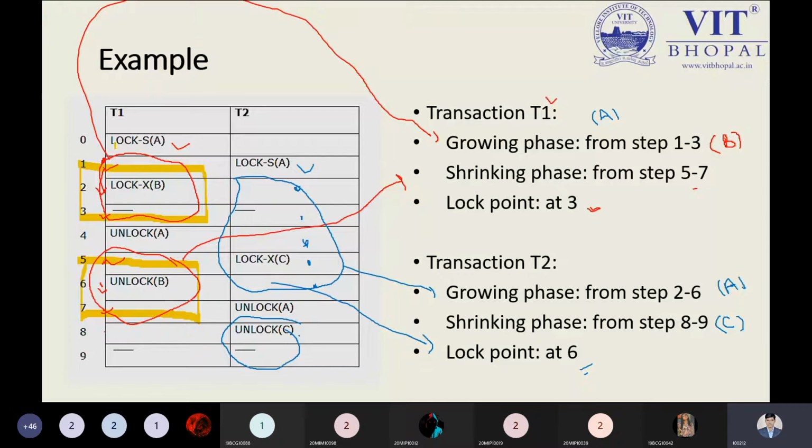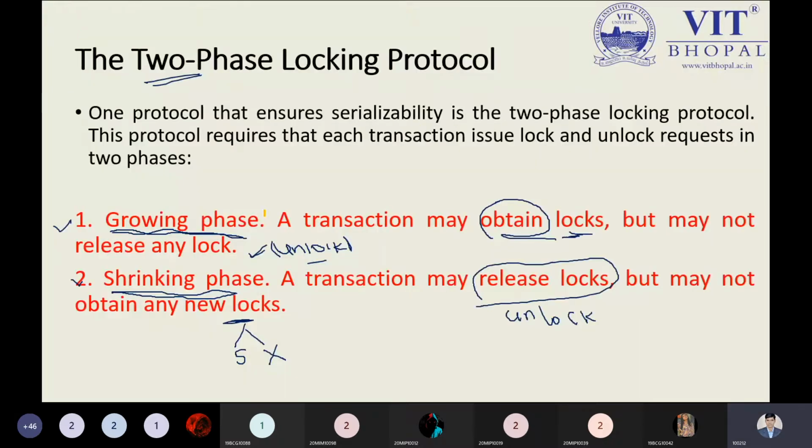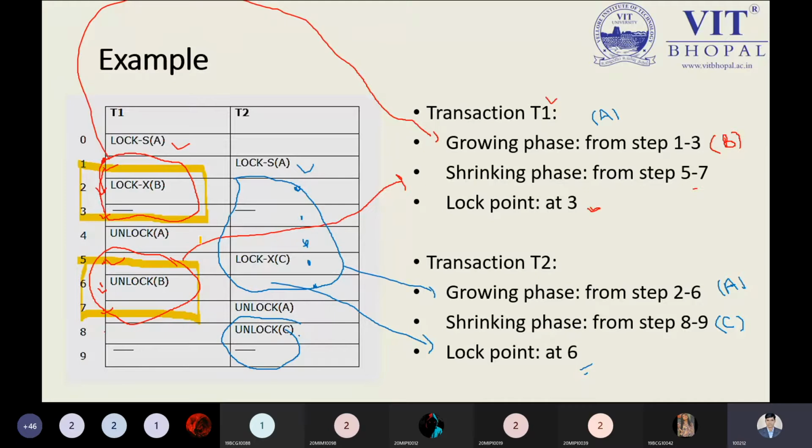What is the definition of the growing phase? A transaction may obtain locks, but may not release any lock. So before unlocking, whatever operations we have are considered the growing phase. Once we find an unlock, that part will not be part of the growing phase; it will be part of the shrinking phase.